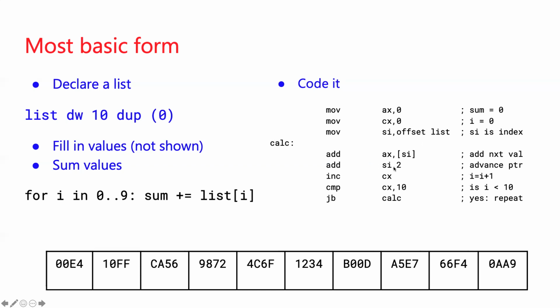When we add one to SI, we're changing the contents of a register, but we're not changing our own code. I'm assuming if you're in OS class right now, you've talked about threads by this point. If you had 2 threads running self-modifying code at the same time, you might be in trouble, because they might each expect a different version of that code. But here, 2 threads could be running this code at the same time. They would each have their own contents of SI, so they wouldn't mess with each other.